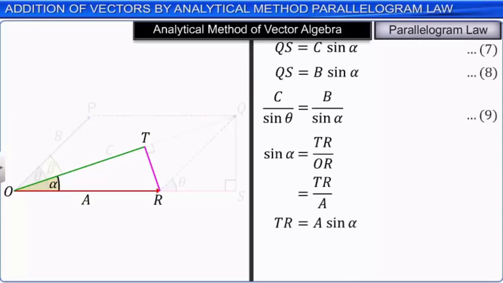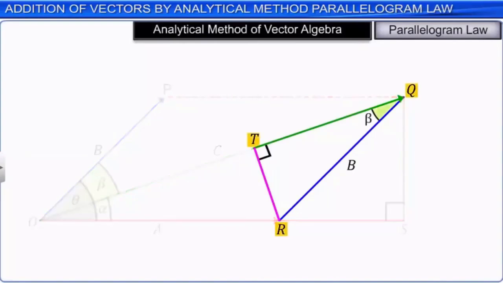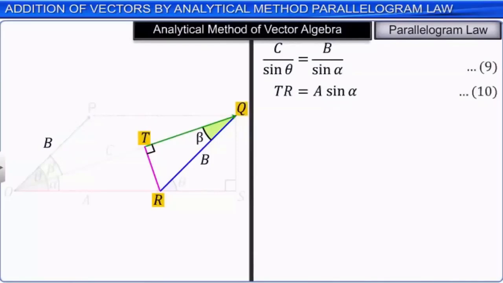Consider the next triangle QRT. From triangle QRT, we can write sin beta is equal to TR by QR, which is equal to TR by B. TR is equal to B sin beta. Let this be equation 11.